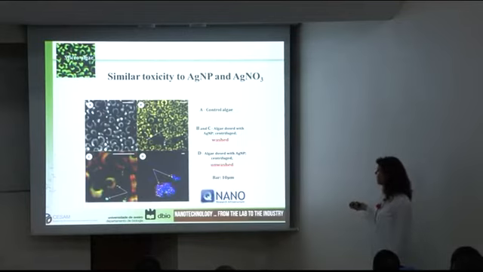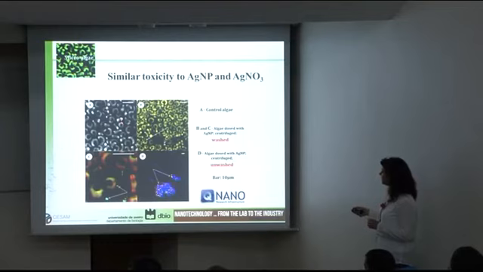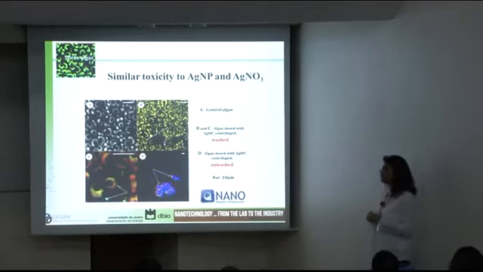Here we used a Raman technique where we have, this was our control, the unicellular algae with no silver. In these treatments, the algae were dosed with nanoparticles, and then they were centrifuged and washed.